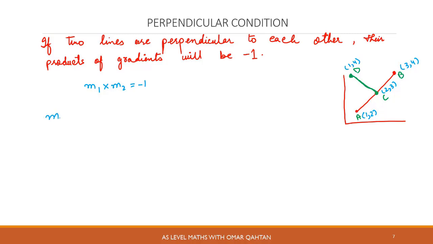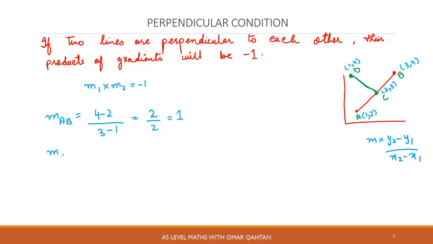So the gradient of line AB will be, I should write the formula first: y2 minus y1 upon x2 minus x1. So y2 minus y1, which is 4 minus 2 upon 3 minus 1, which is 2 upon 2, equal to 1.